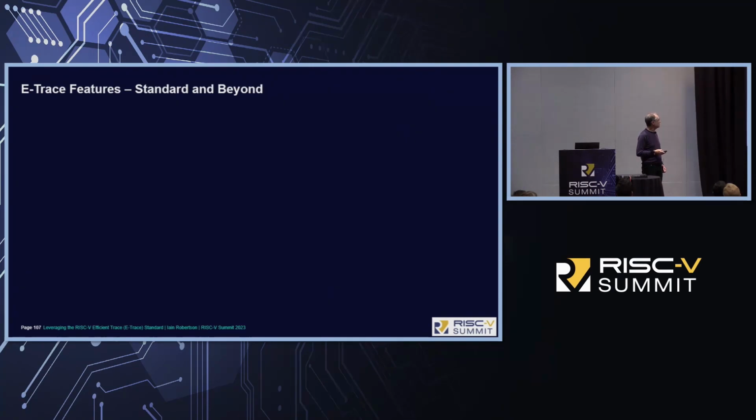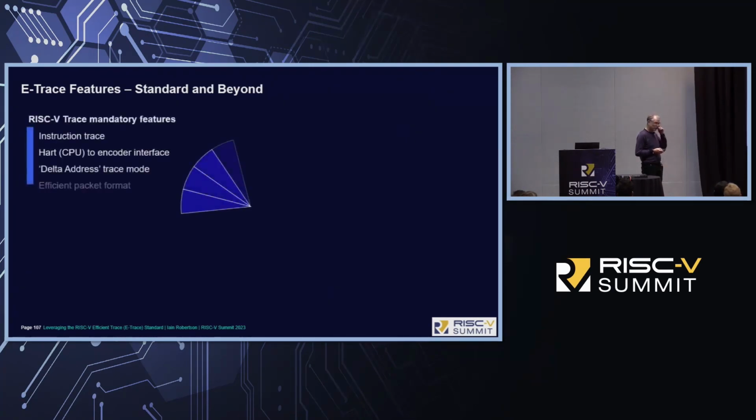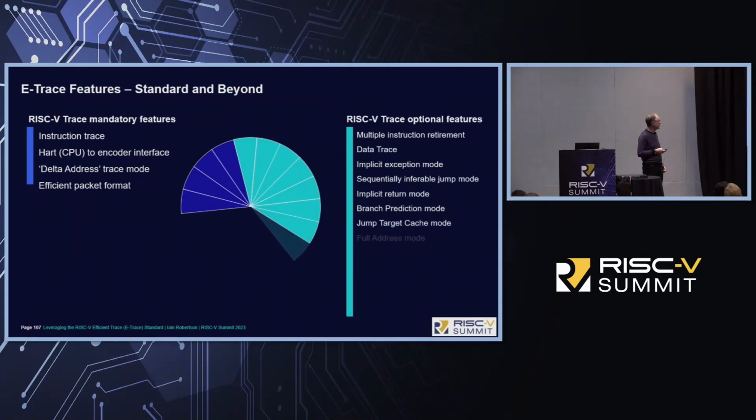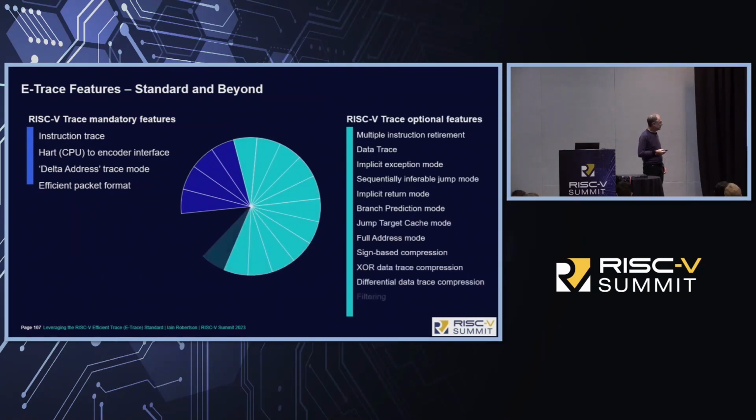So I was going to dig a little bit deeper into the eTrace standard itself and what that comprises. Firstly, it contains a number of mandatory parts. So there's the interface between the encoder and the CPU, and the branch trace encoding algorithm and the packet format. And then on top of that, we have a number of optional features and enhancements comprising a whole mixture of things.